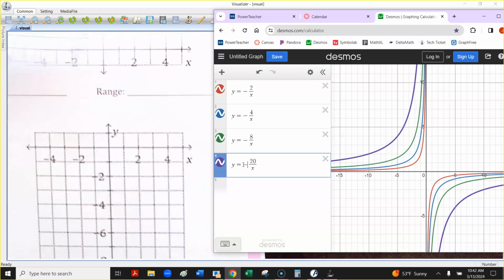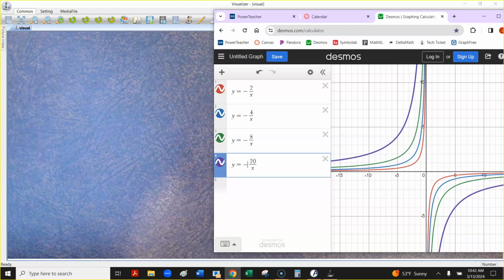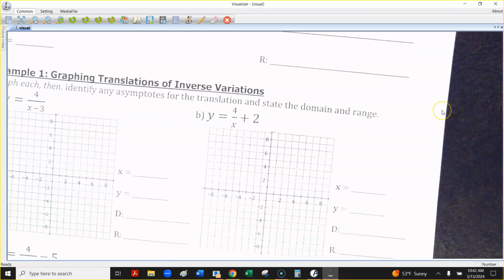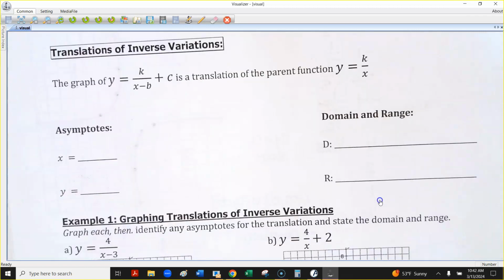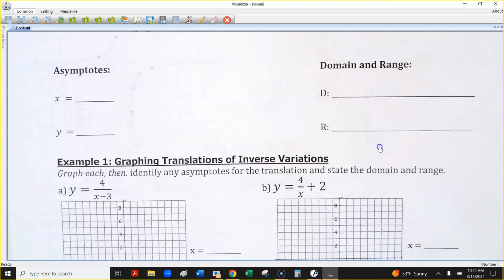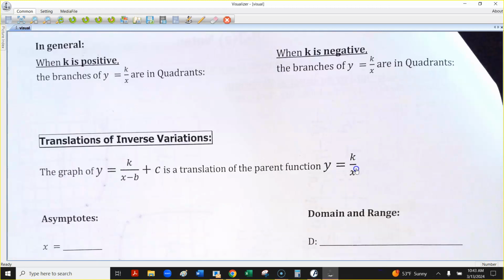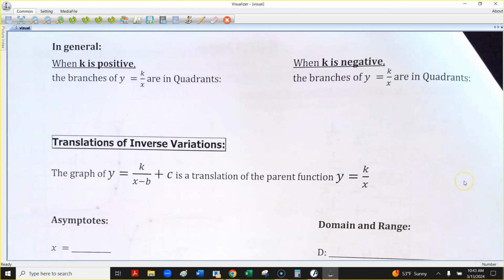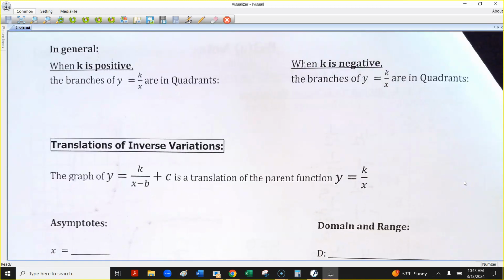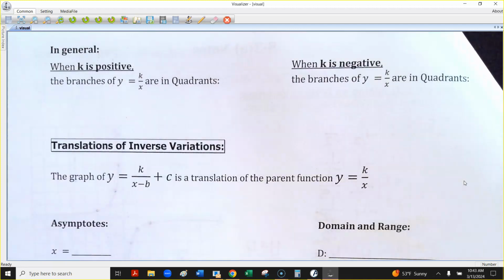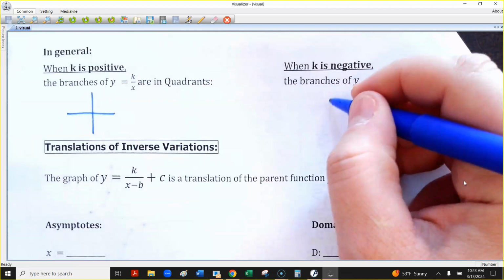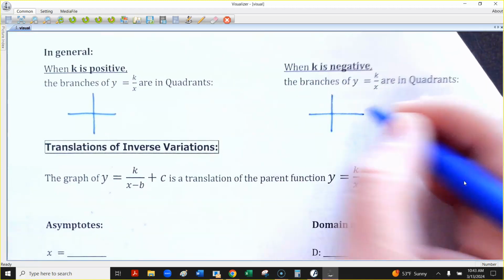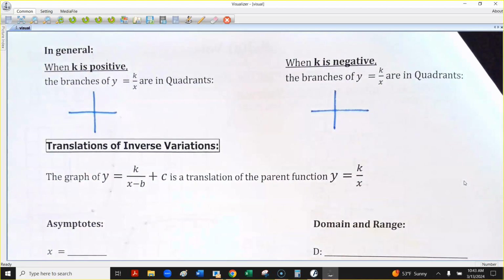Okay. Now, I'm going to give you some general information here for these, and we are going to work on translating. We're not going to plot any specific points on these graphs. All right, so I'm just going to make a little graph to show you this for each one. This is what I'm going to look for when you guys actually graph these. Just a general shape and the correct quadrants.